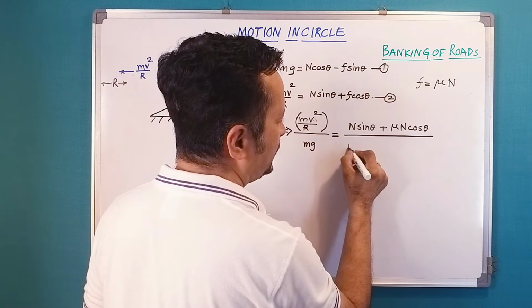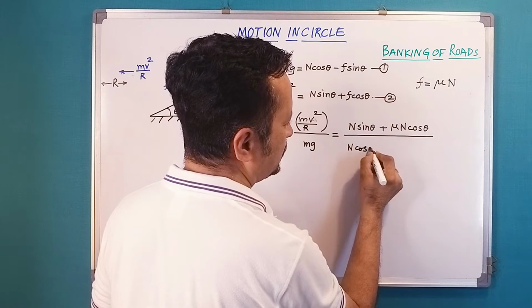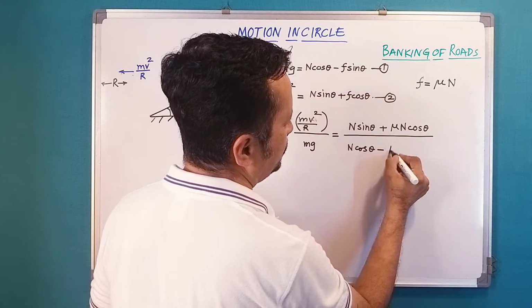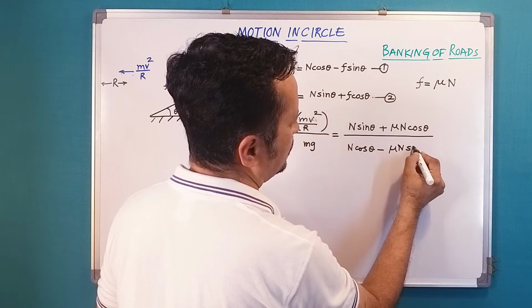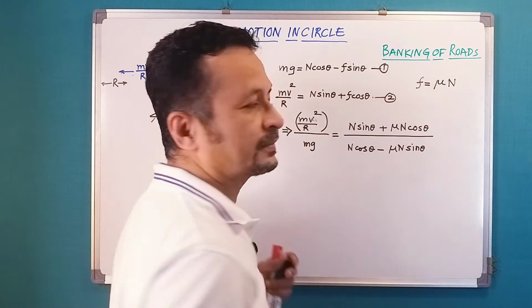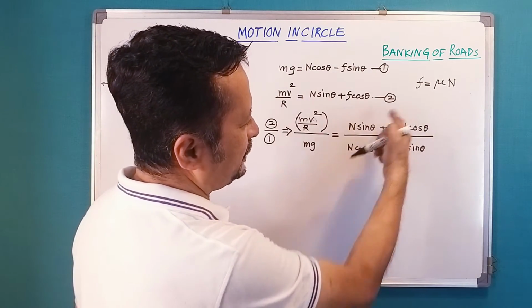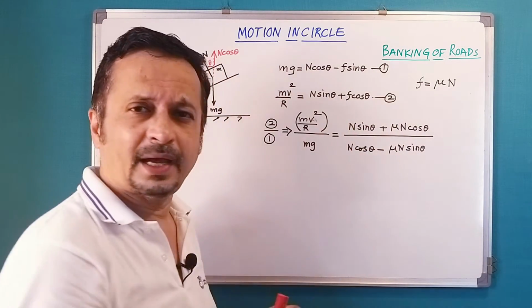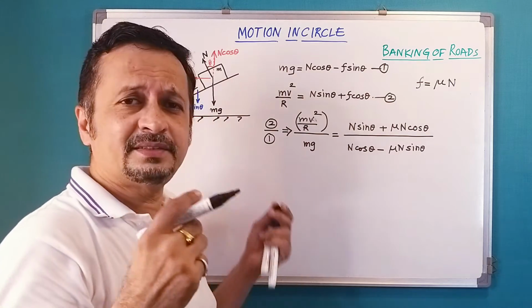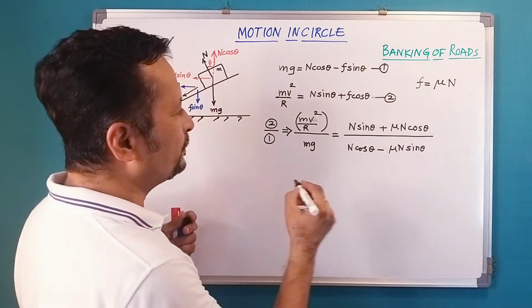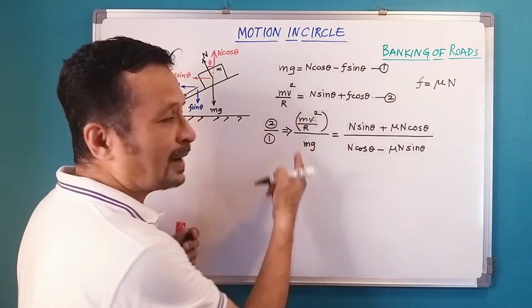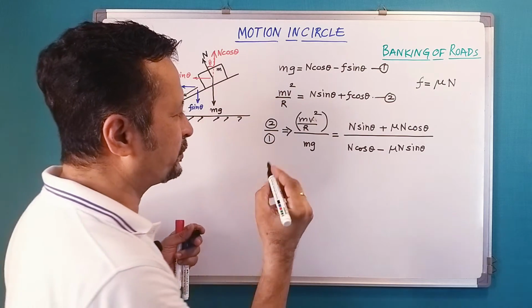Now f I'm going to write as mu n, so I'll change it over here: mu times n cos theta upon n cos theta minus mu n sin theta. Now you can see here n and n. I can cancel these n's in the numerator and the denominator, and of course the mass on the left hand side is going to get cancelled.